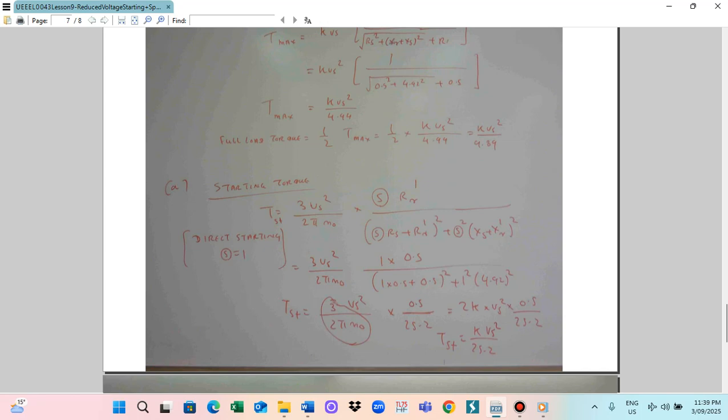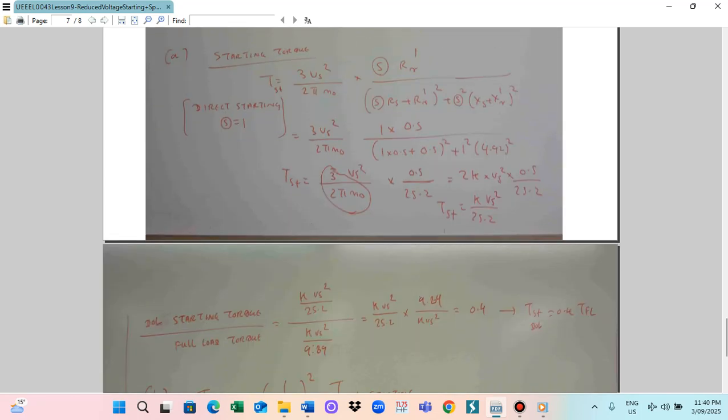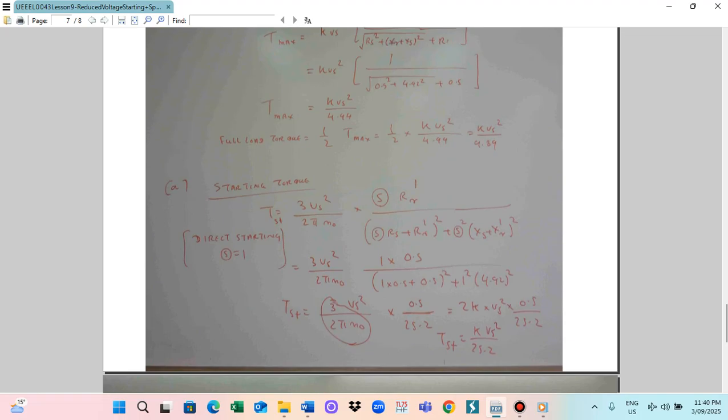So this one we got for the starting torque. Then you can calculate 3 Vs squared by 2 pi n0, and that becomes 25.2.